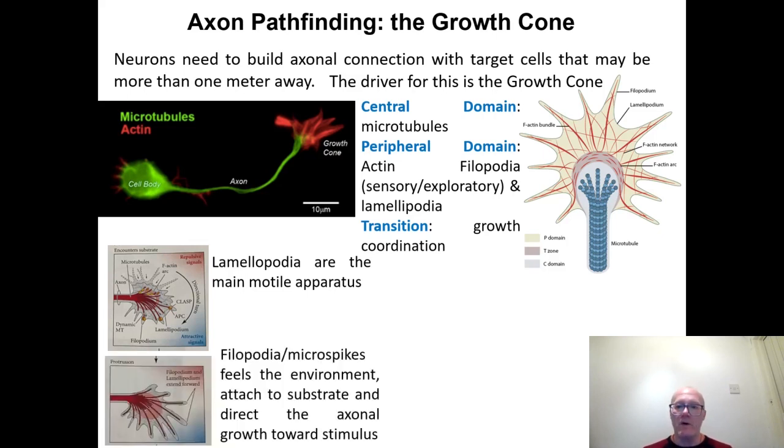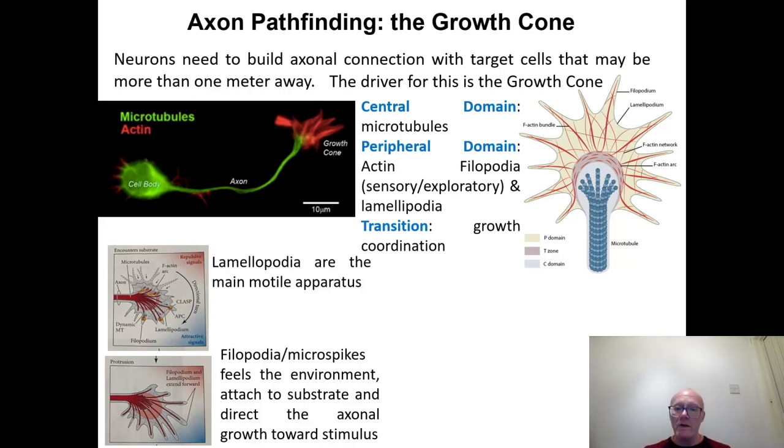On the other hand, the filopodia, at times also called microspikes, have a job that is not so much to grab like a finger in a hand, but to sense. These filopodia have a lot of sensory receptors, and they sense the environment so that they can turn the axon toward one direction or another.